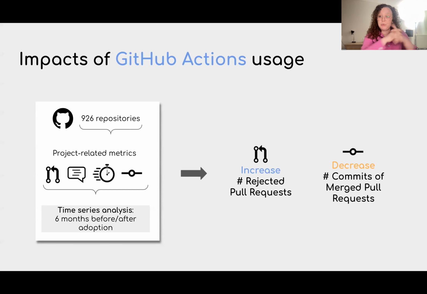Do you want to reject more, and why are you rejecting more? It's important to keep it in mind. And also there's a decrease in the number of commits that the merged pull requests are required to have. These two impacts, at least, you are going to see in your project.